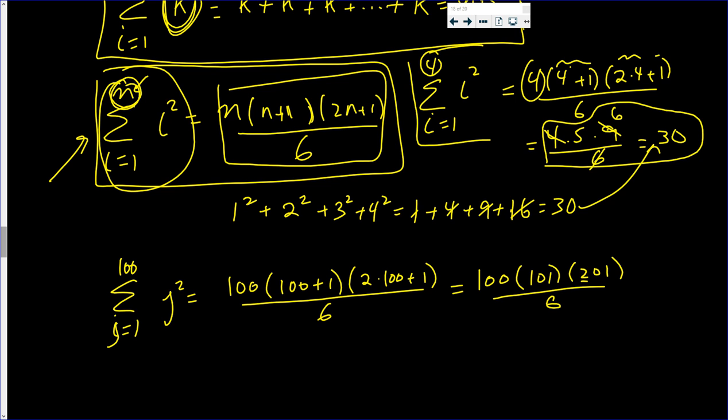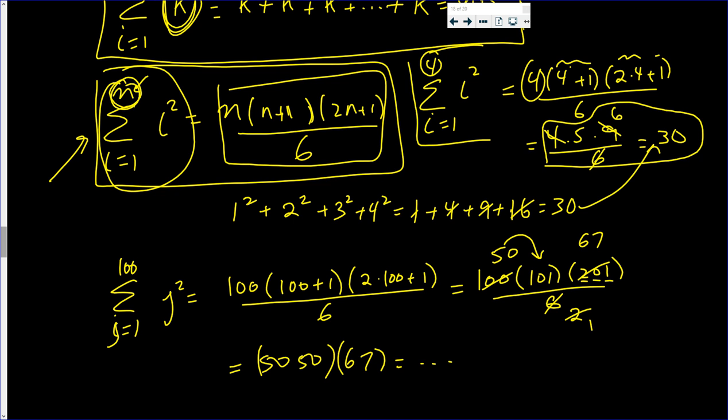The sum of the digits in 201 adds up to 3. That means that number is divisible by 3. It is 67. And if I divide 6 by 3, I get 2. Now 2 goes into 100 fifty times. And 50 times 101 is 5050. I'll leave it to you to multiply it by 67, but that would be the answer.